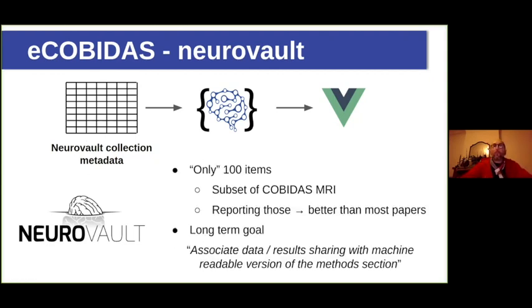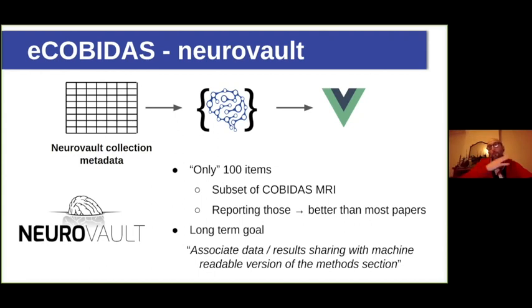And why did we use those? Well, first of all, it's only 100 items, which makes it much more manageable, at least at the beginning, to wrap your head around how the ReproSchema works, how the user interface works, and so on. The advantage is it's also a subset of the items from the eCOBIDAS MRI.